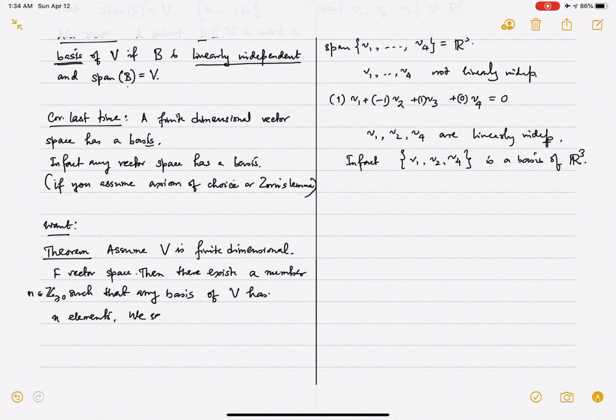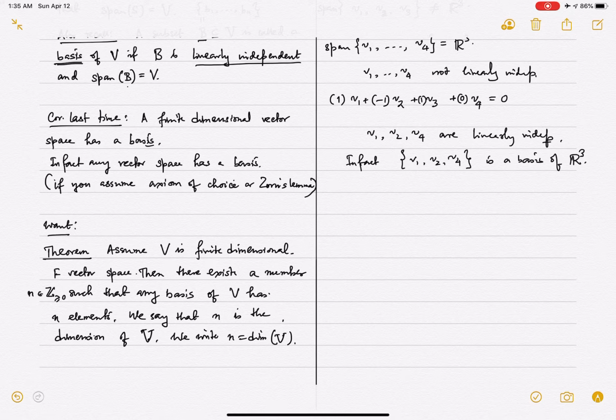So n is a non-negative integer. We say that n is the dimension of V, and we write n equals dimension of V.